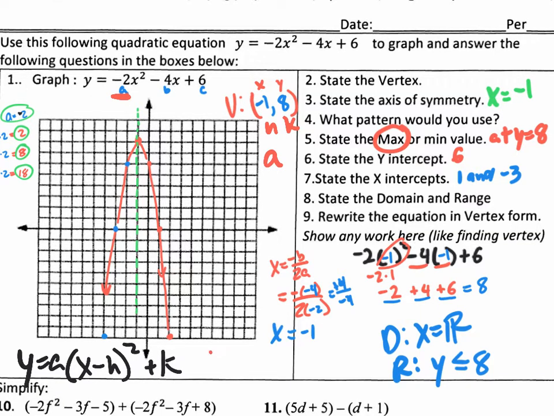So our answer will be y equals a, which is -2, open parenthesis, x minus h, and h happens to be -1, close parenthesis, squared plus k, which is plus 8. So the only other thing you could do is change the minus to plus. There's your vertex form equation. It's right here.